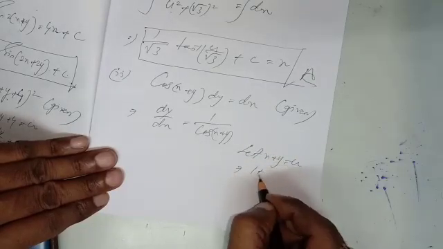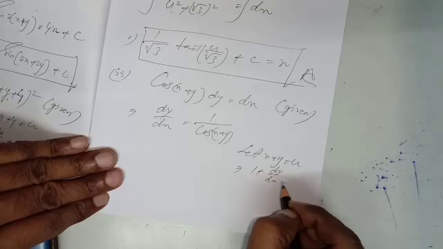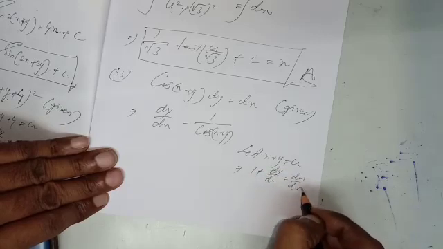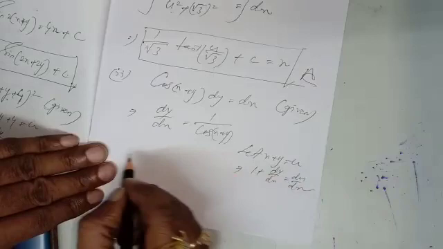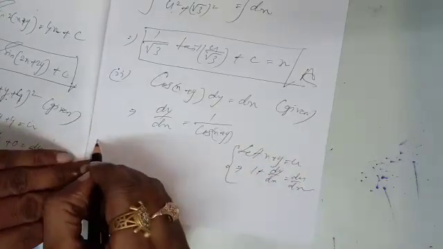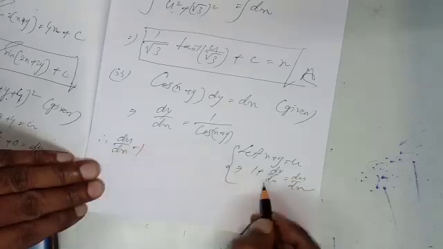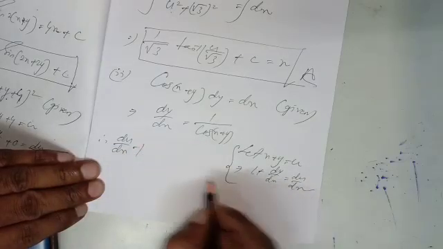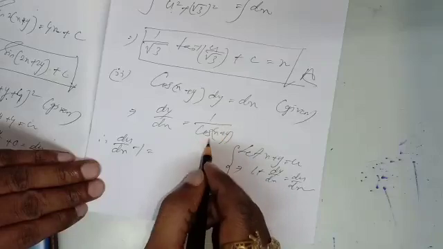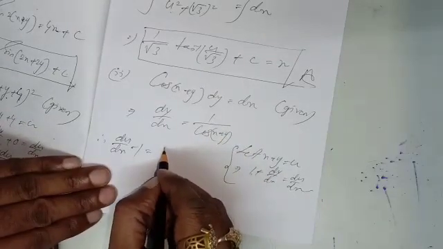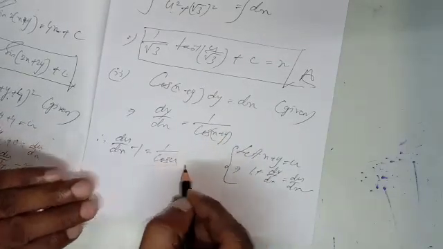Differentiating both sides, 1 plus dy by dx is equal to du by dx. Therefore, du by dx minus 1 is equal to 1 by cos u.